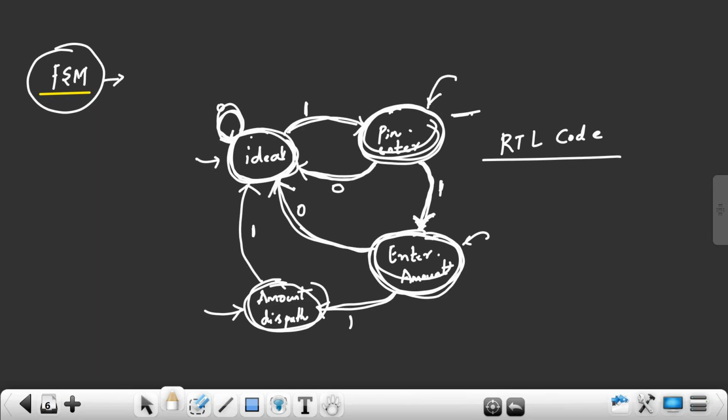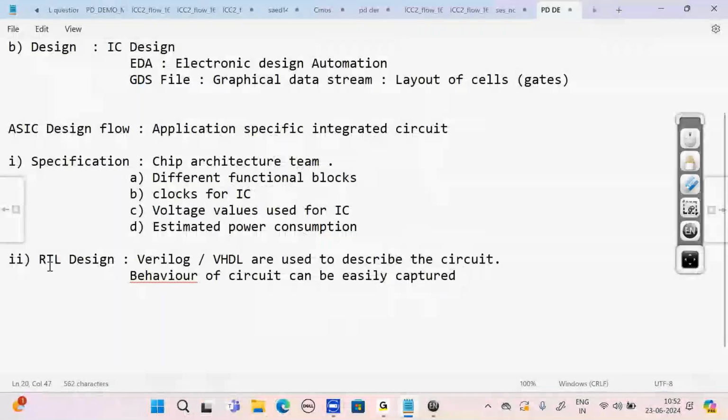For bigger designs, first they'll write the states, and then they will start coding the behavior of each state. That is how RTL programs work. RTL programs use VHDL or Verilog to capture the behavior of a circuit. Describing the circuit behavior is easy.